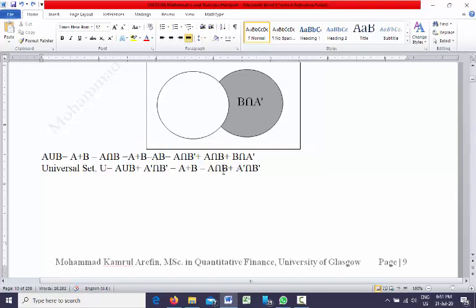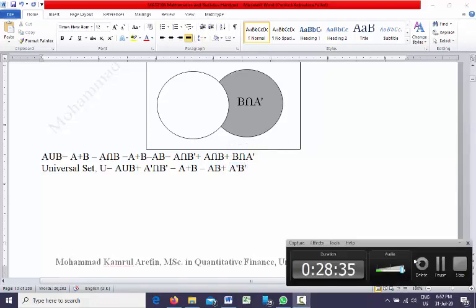So the formula for the universal set is A plus B minus AB plus A prime B prime. So that's the formula.